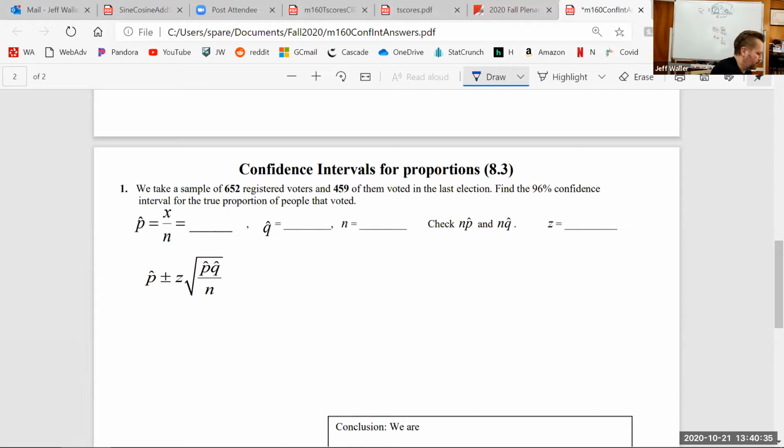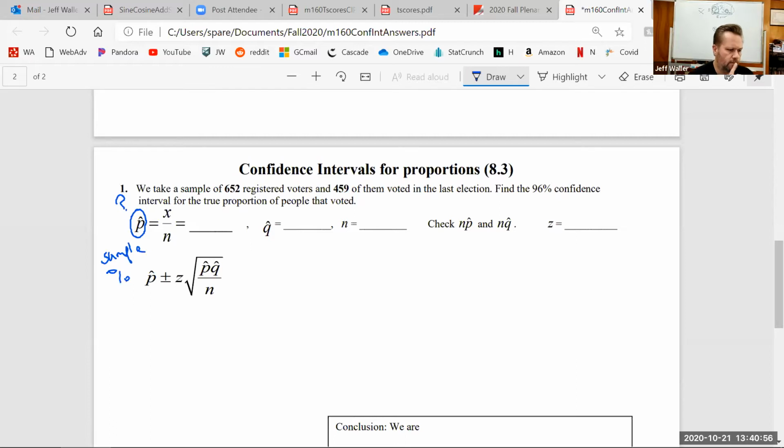Oh, I've got to get this back up here. Can somebody remind me, do you remember what p hat stands for? What does that p hat symbol mean? Sample percentage? Yeah, it's the sample percent.